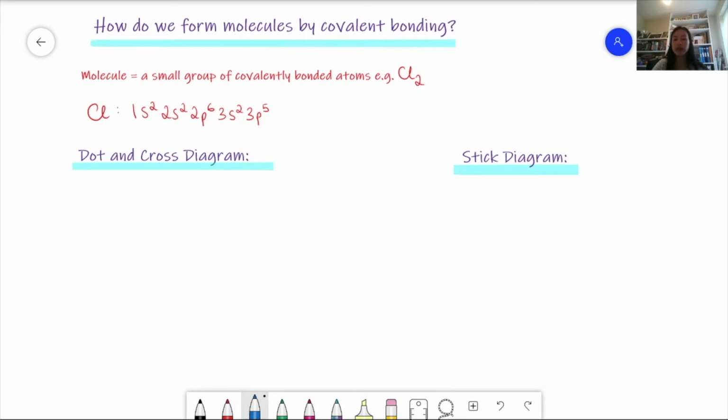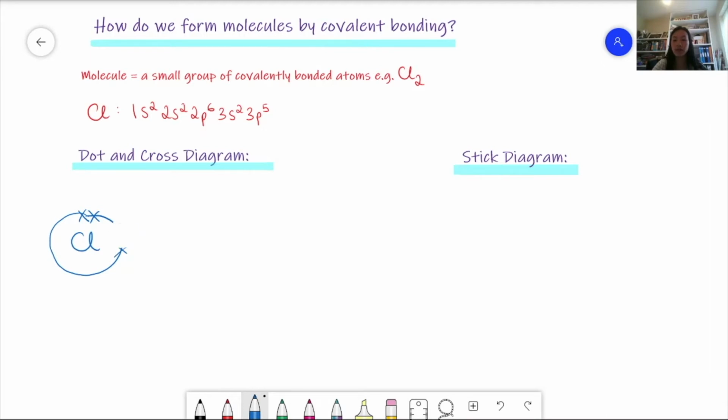Normally for covalent bonding, we just draw the outer shell because that's all it involves. It doesn't involve the inner shells. So if I start off with a chlorine, in the outer shell we have 7 electrons.